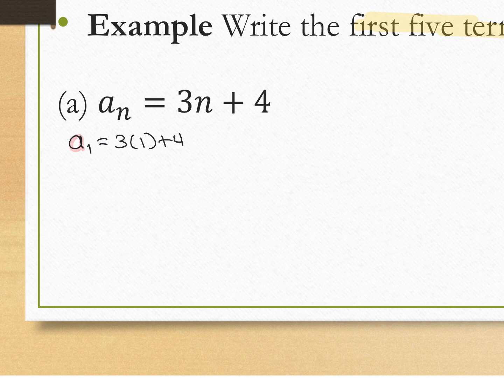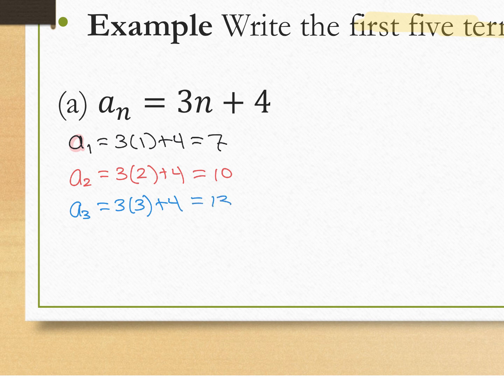And then we simplify. We know 3 times 1 is 3, and 3 plus 4 is 7. And now we can do the second term. So this time we'll replace wherever the n is with a 2. 3 times 2 is 6, 6 plus 4 is 10. And then we'll do the third term. So we're just going to replace the n with a 3 and simplify. 3 times 3 is 9, plus 4 is 13.